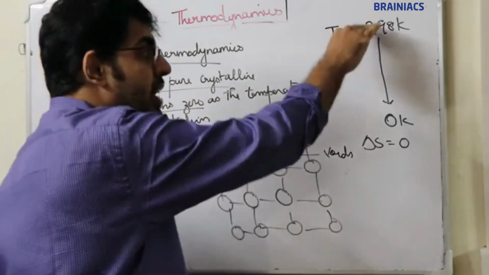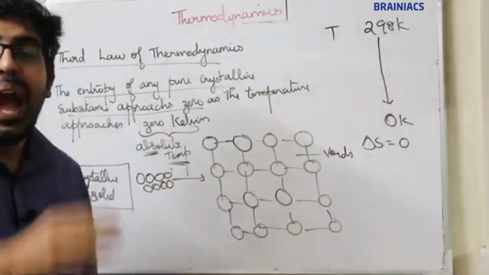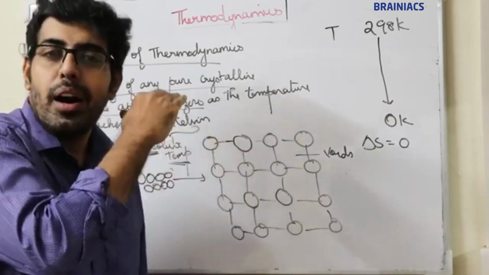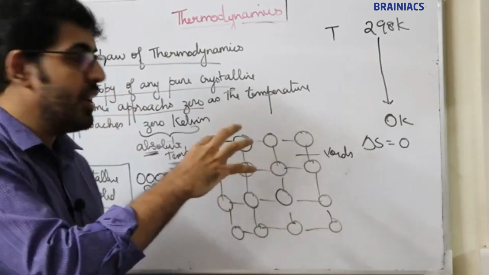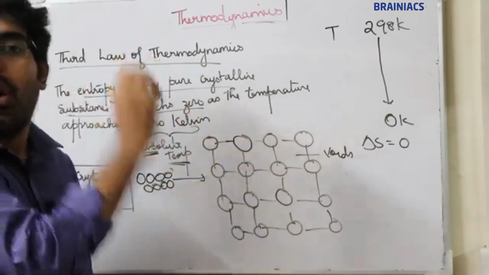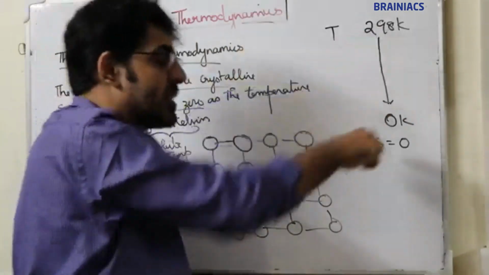But as the temperature decreases and reaches 0 Kelvin, the crystalline substance will show a highly ordered arrangement, and this ordered arrangement is observed only at 0 Kelvin.